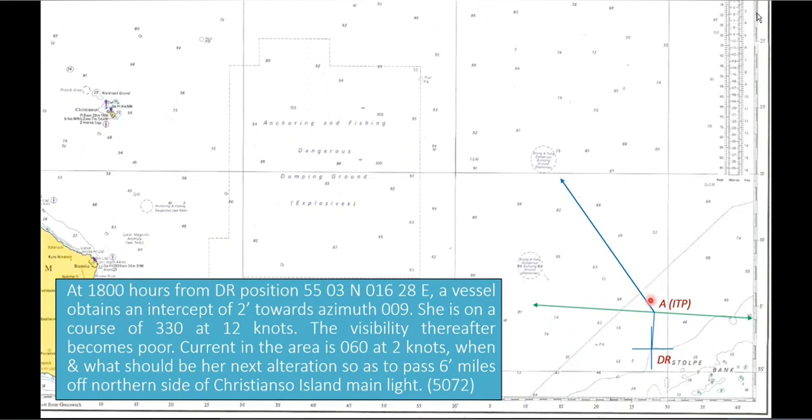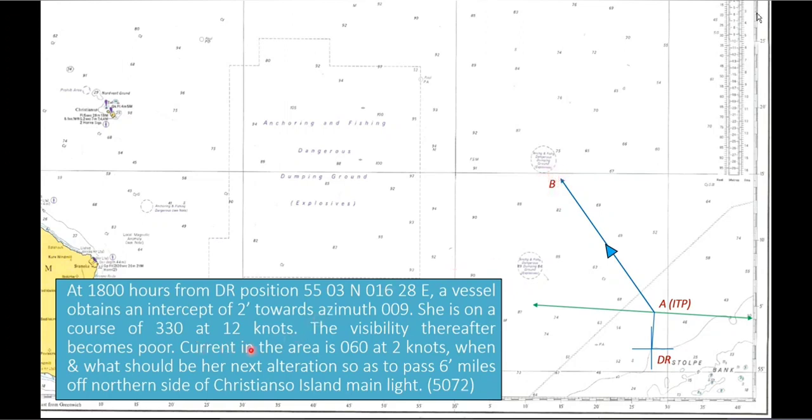So the length for a speed of 12 knots would be 12 miles. This 12 miles length becomes my CTS vector. Let's mark it with a single arrow. The point where the CTS vector ends, let's mark this point as Bravo.